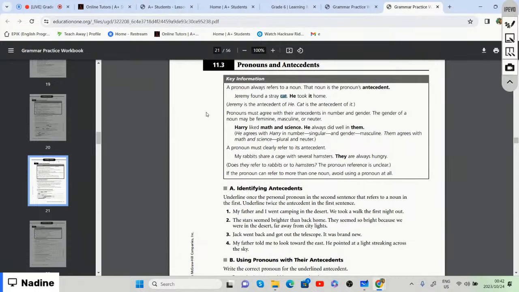So the pronoun for Harry is he, and them is the pronoun referring to the antecedent, which is math and science. Here they're saying it refers to gender, which means masculine can refer to him, a man, and feminine can refer to her, a woman.